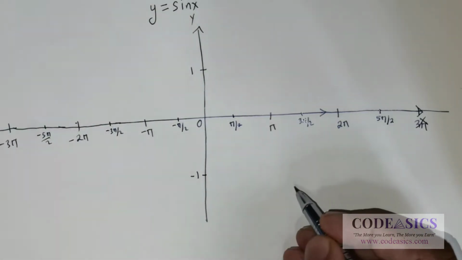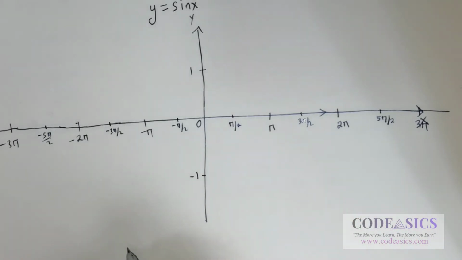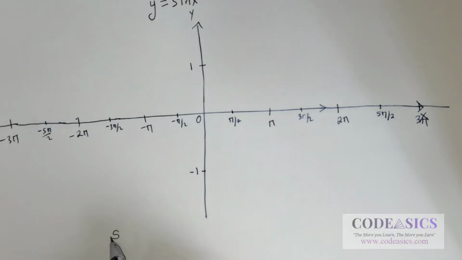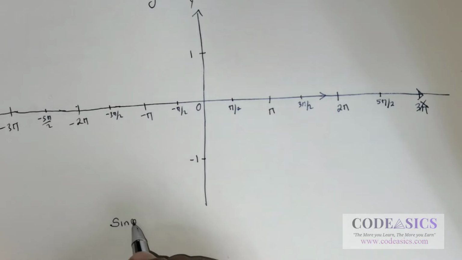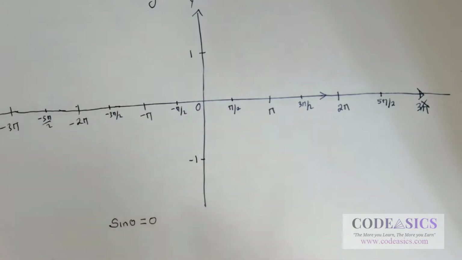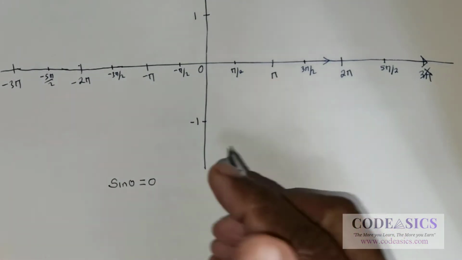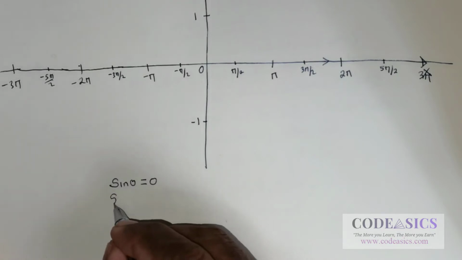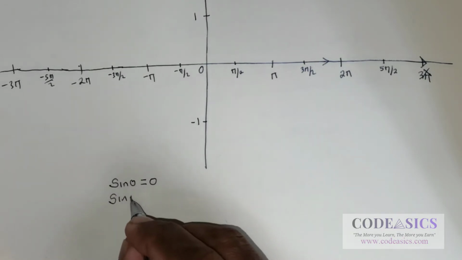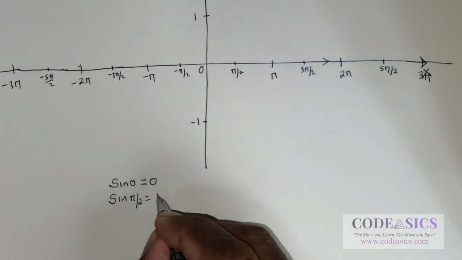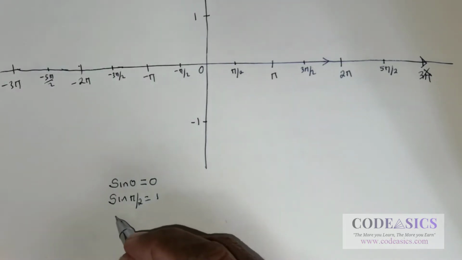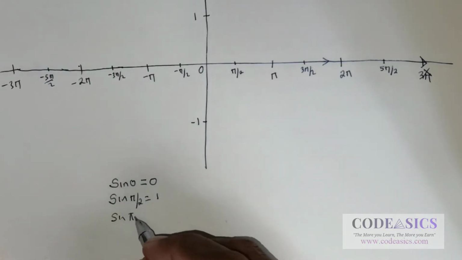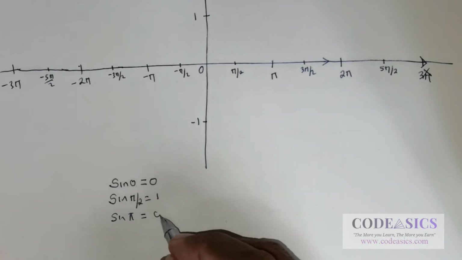Now there are a few things we have to know, which I want to write down here. Now sine 0 is equal to 0. Next is sine pi over 2 is equal to 1. Sine pi is 0.